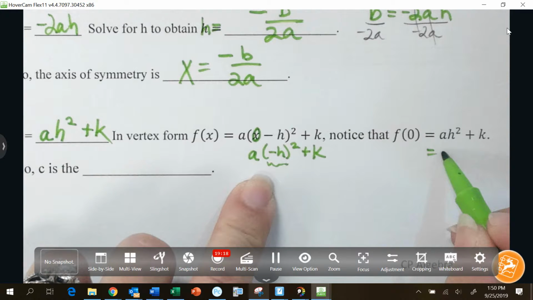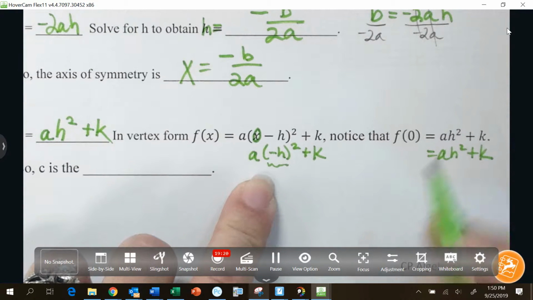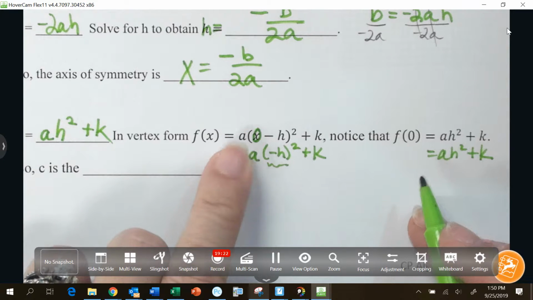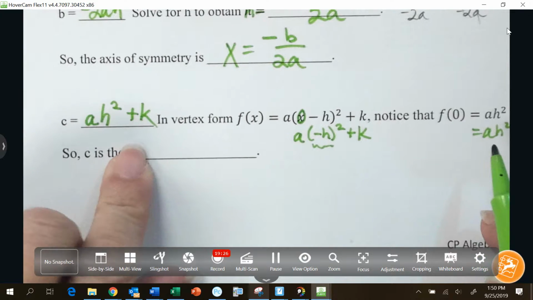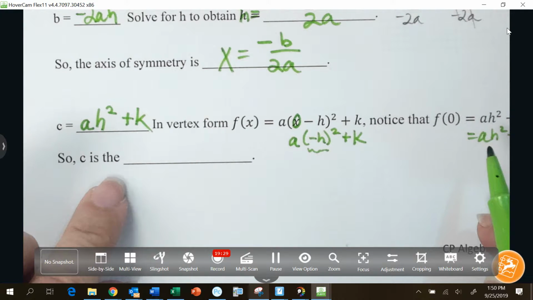It turns into AH squared plus k. So if I plug in 0, that's what I get. That's the exact same thing as C, which if I plug in 0, does anybody know what that is? If I plug in 0 for x? So the negative h turns to positive h squared because you're squaring it? Yeah. Okay. Yes.